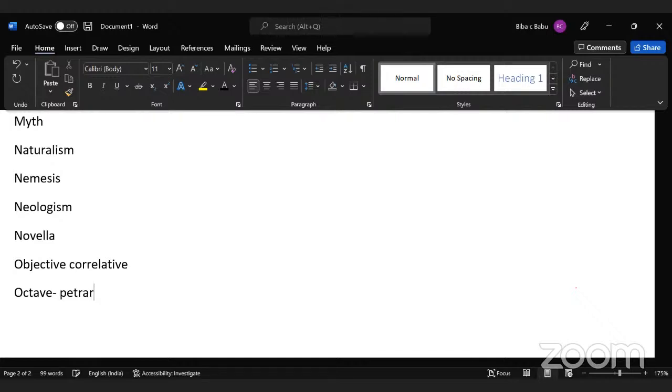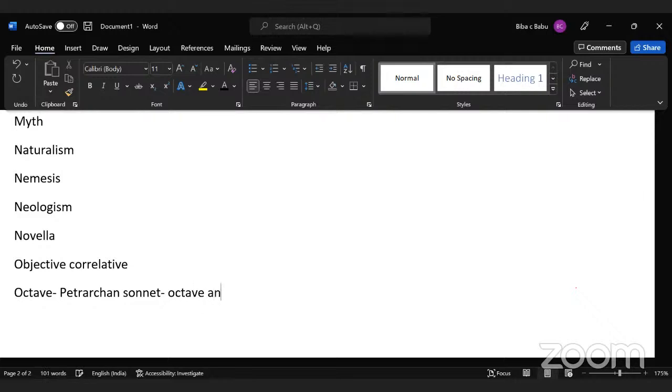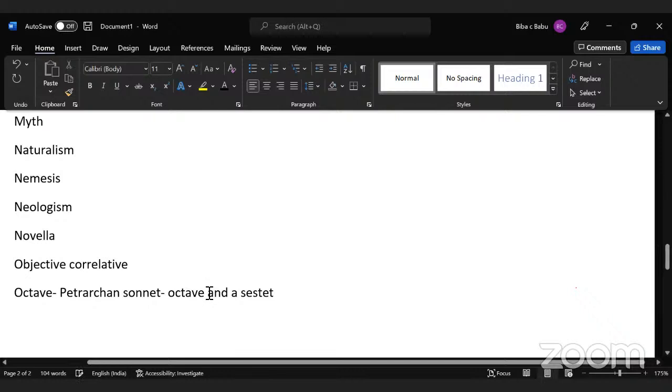Petrarch founded a sonnet form called the Petrarchan sonnet. Sonnet is a 14-line poem. And the Petrarchan sonnet is divided into an octave and a sestet. So octave is 8 lines. Then how many lines will be a sestet?